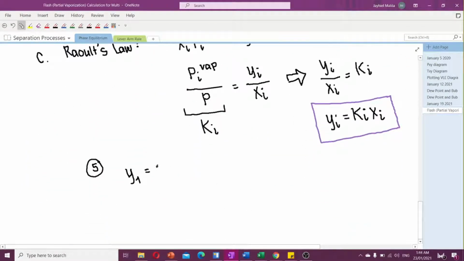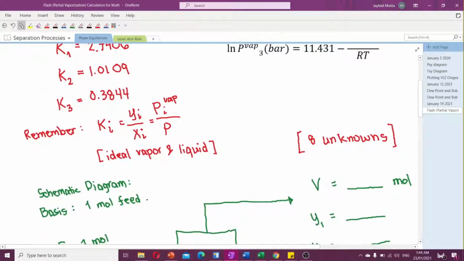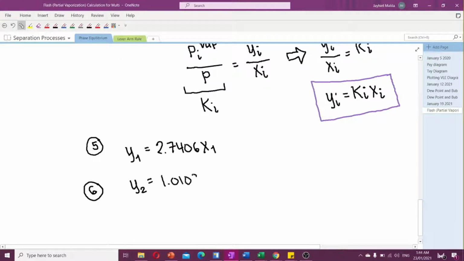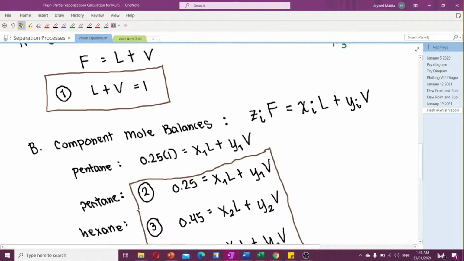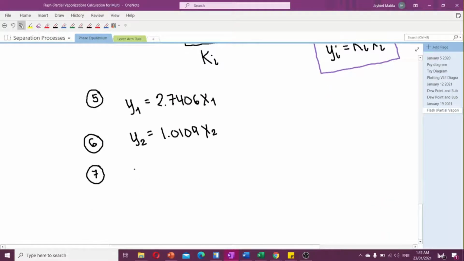So y1 equals 2.7406 x1. For number 6, we have y2 equals 1.0109 x2. And lastly, for number 7, the heptane, y3 equals 0.3844 x3.